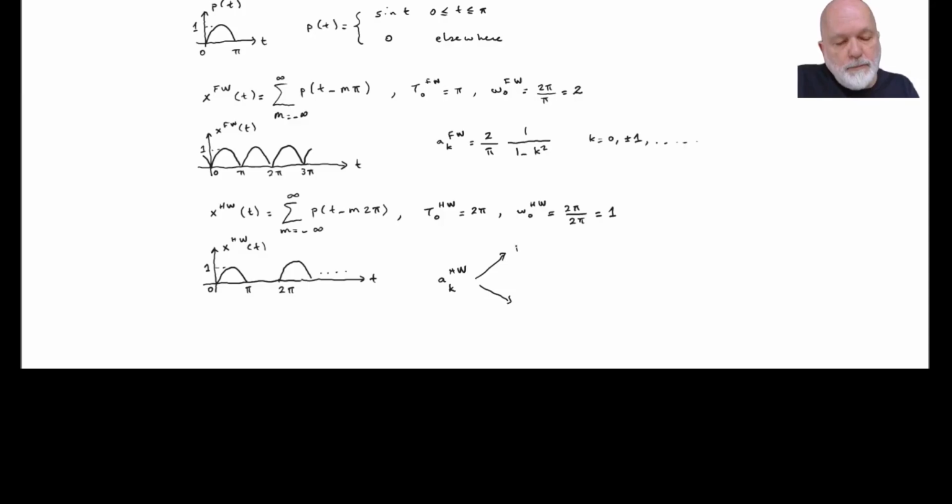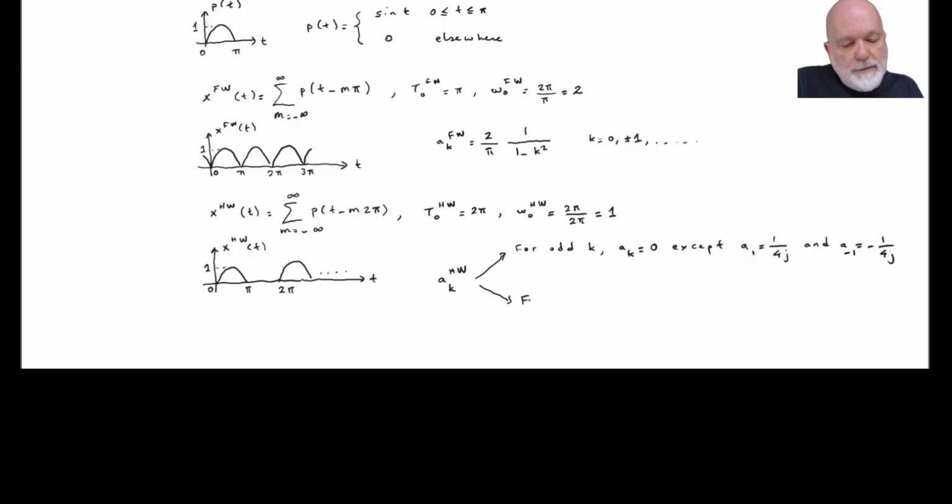For odd k, all a_k will be equal to 0 except a1, which is equal to 1 over 4j, and a minus 1, which is equal to minus 1 over 4j.